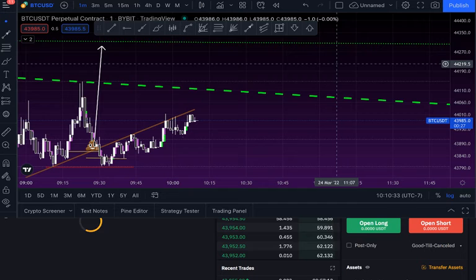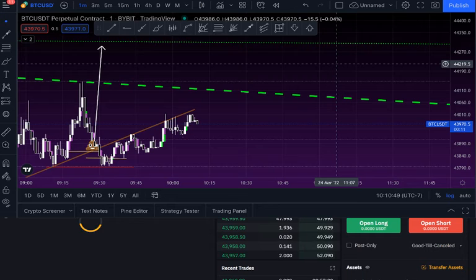Okay, I've just decided to get back into this trade after seeing what's happening on the footprint chart. Buyers are just continuing to come in. And I think this still pops up.